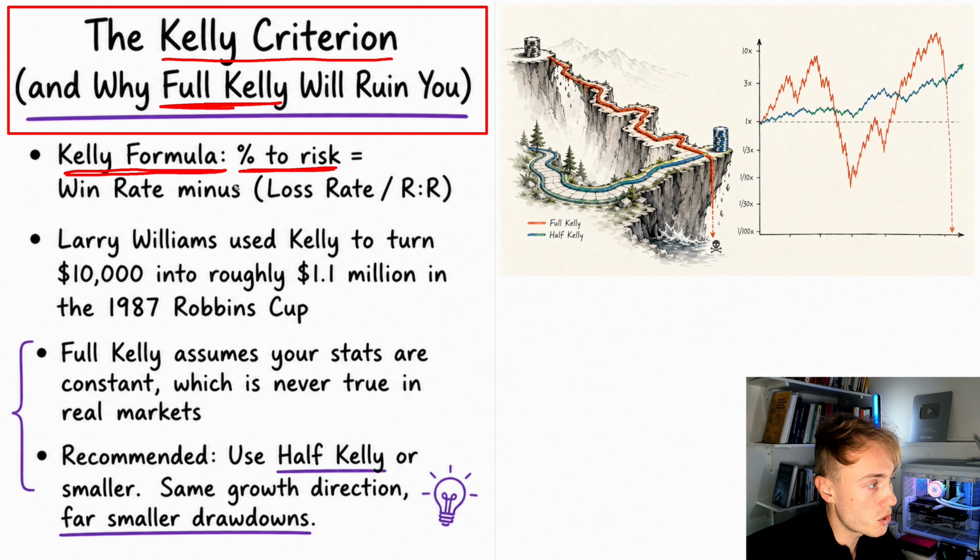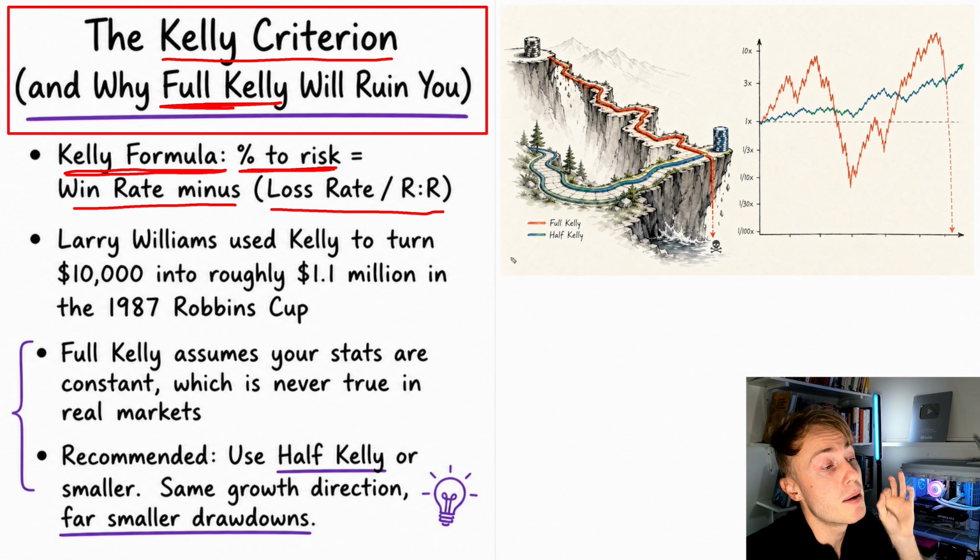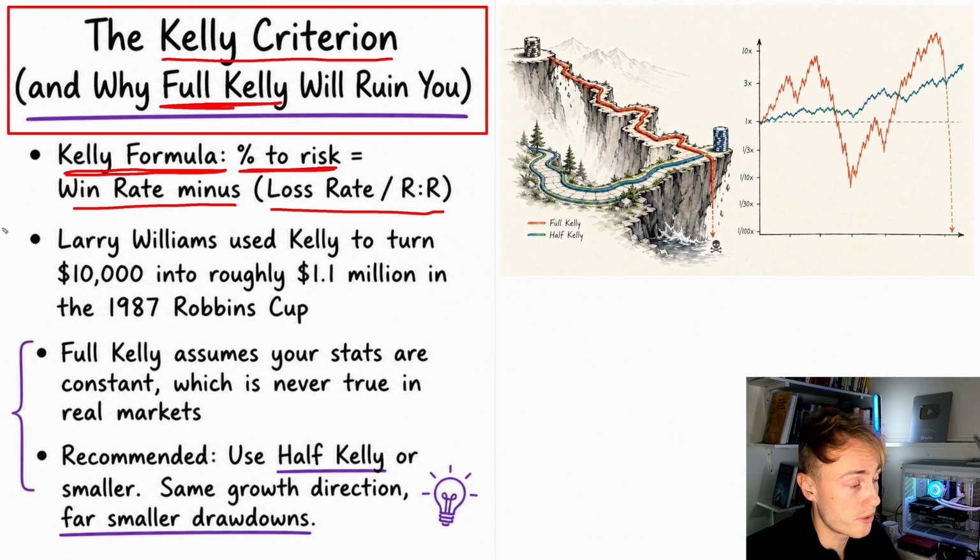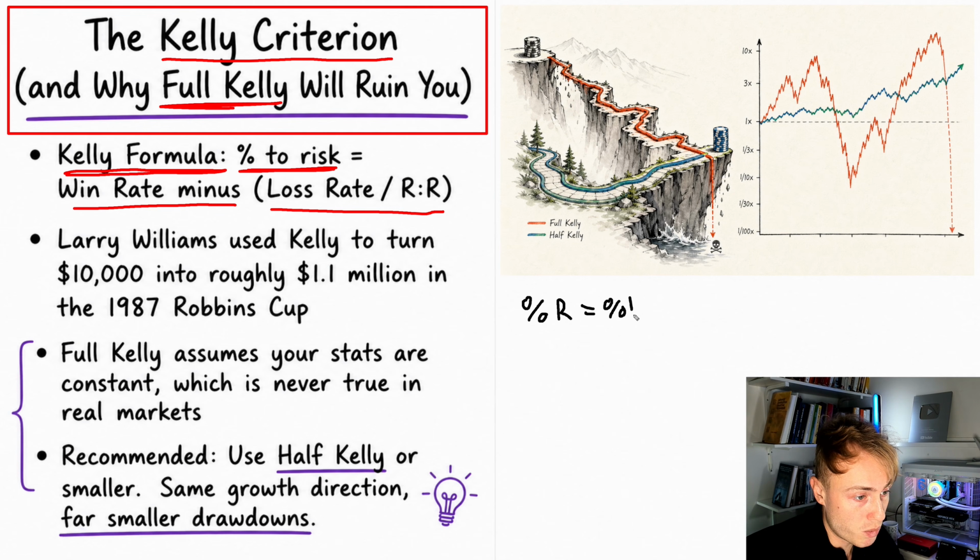The percent you should risk is simply your win rate minus your loss rate divided by your risk to reward. So to simplify, your percent to risk is equal to your percent win rate minus your percent of losing divided by your risk to reward.